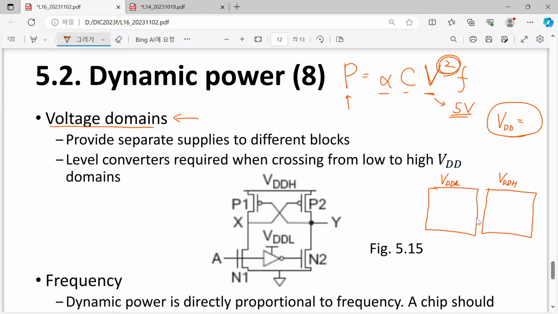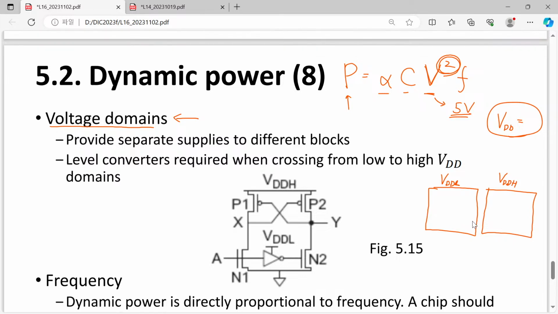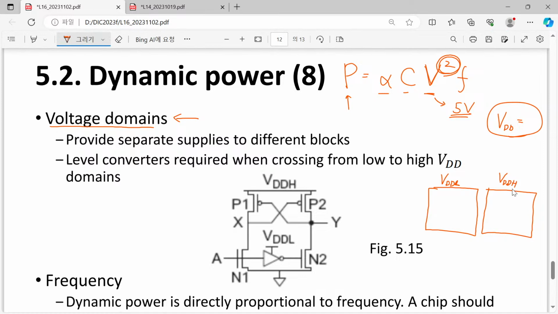Why do we introduce this kind of separation? It is because if we use a high VDD value, then our transistors can show high performance. And if we have a relatively low VDD value, then it can be operated in low power mode and energy efficiency is increased.